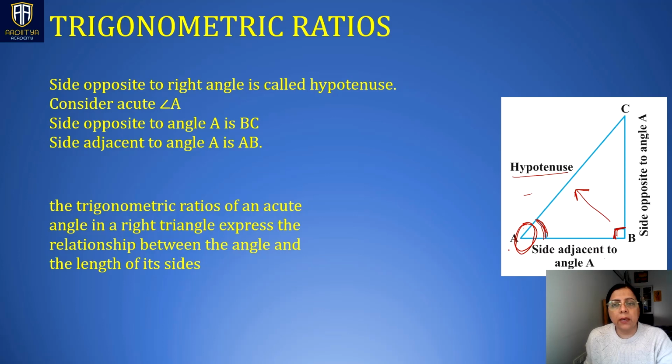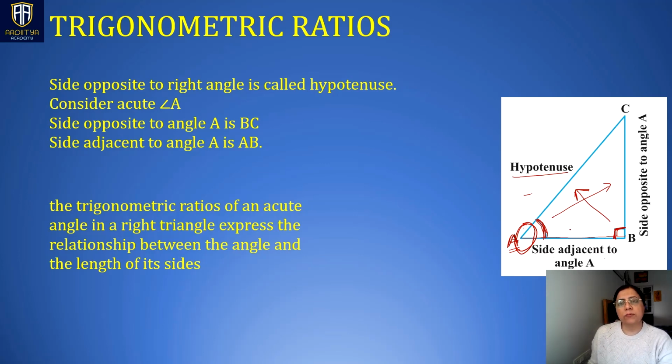And if you are taking angle A for which you are taking ratios, this AB side will be called the side adjacent to angle A. Angle A is the angle formed between AC and AB. So AC is fixed, it is called the hypotenuse. The other side in which angle A is involved is called the side adjacent to angle A. And the third one is called the side opposite to angle A. You can see that here. This side is opposite to angle A.